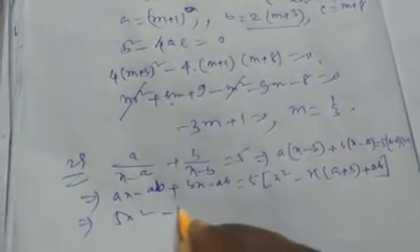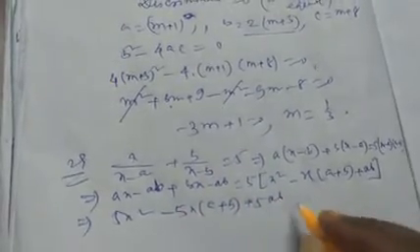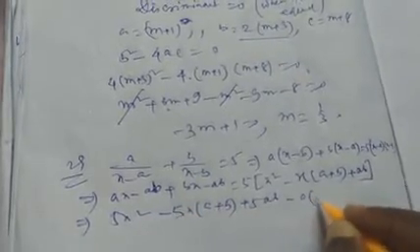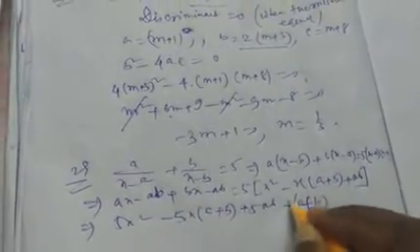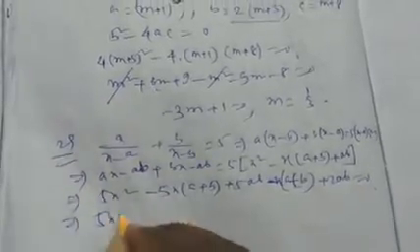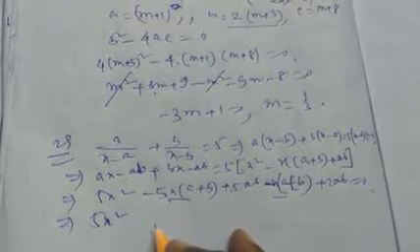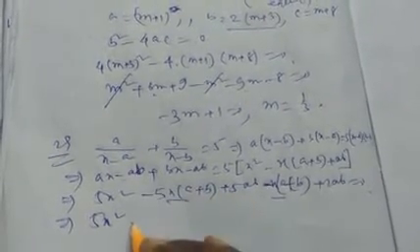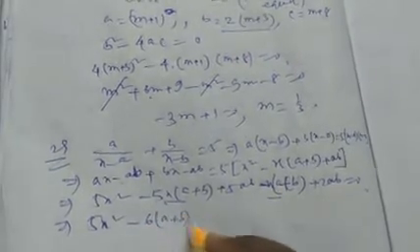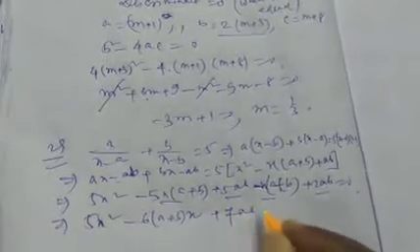Okay, now see 5x square minus 5x into (a plus b) plus 5ab minus (a plus b), taking common x from this, and minus 2ab, transfer to the right hand side. Okay, now 5x square, taking common x and (a plus b) from that, so that is 5x square minus (5 plus 1)(a plus b) into x, and 5ab minus 2ab, 5ab plus 2ab is 7ab.